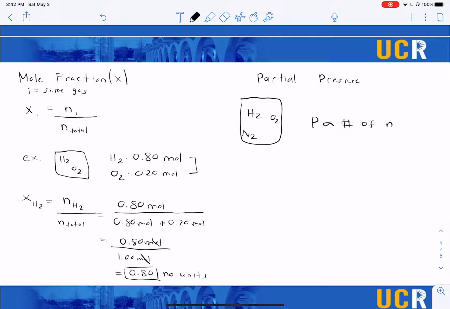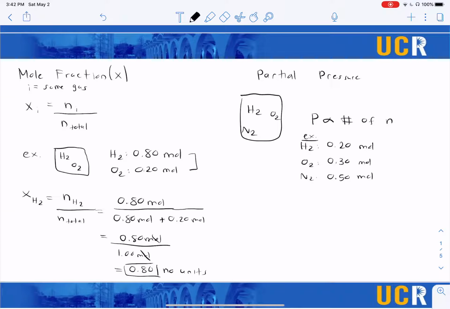So for example, let's say H2 has 0.2 moles, O2 has 0.3 moles, and N2 has 0.5 moles.